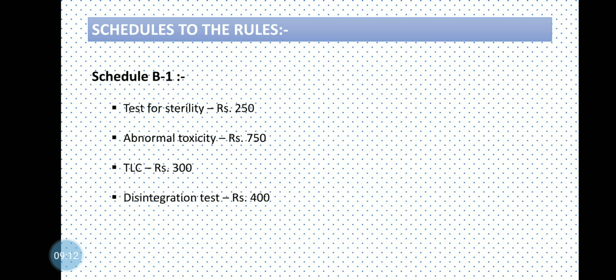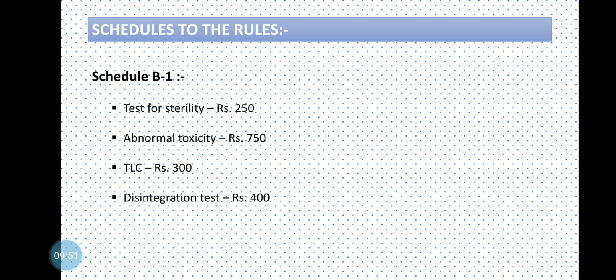Now the difference is that if a sample is sent to the central drug laboratory or to the state laboratories, then the fees for testing or analysis will be paid as per Schedule B. And if the sample is sent for testing or analysis to the pharmacopoeial laboratory, for example pharmacopoeial laboratory Ghaziabad, then the fees is to be paid as per Schedule B1.